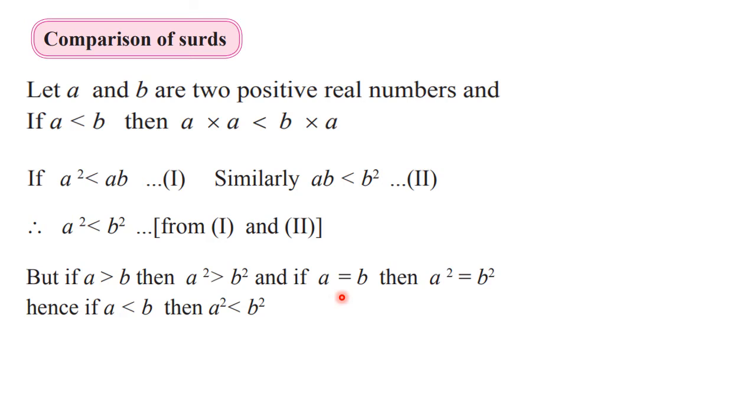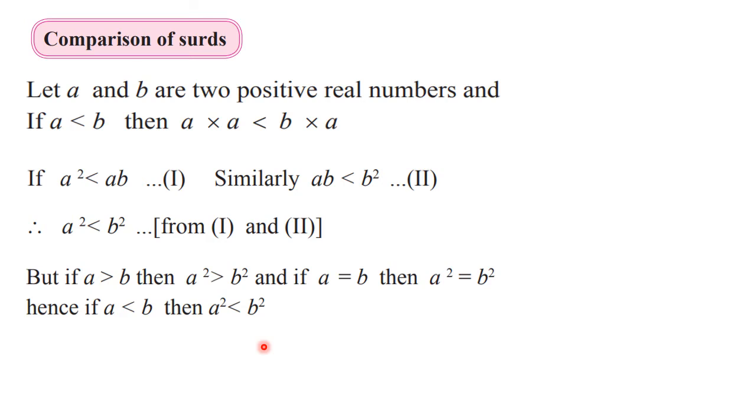And if a is equal to b, then a square is equal to b square. And the third possibility, if a is less than b, then a square is less than b square. So if we square the inequality, then the relationship remains the same. That you have to keep in mind. Now this property we are going to use for the comparison of the surds.